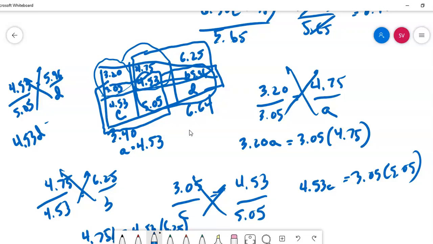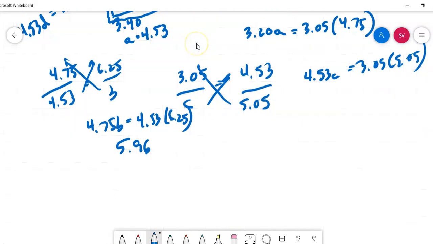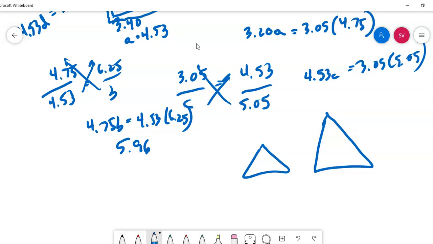And that is basically how you walk through problems like this with similar sides. You could also do this with similar triangles. If you have triangles that have the same angle but different lengths, you do the same exact thing.